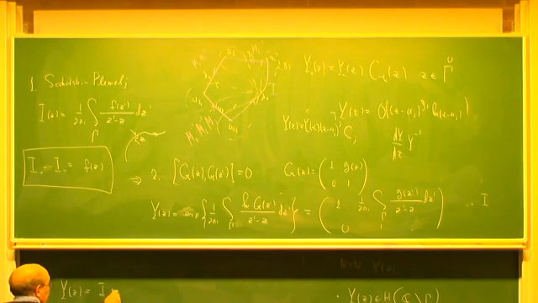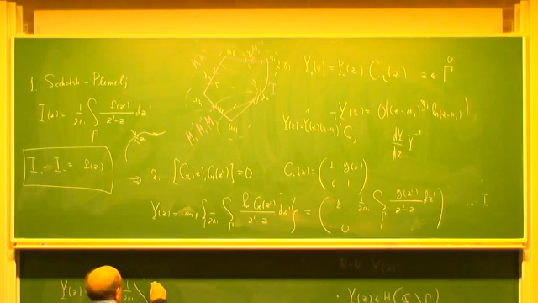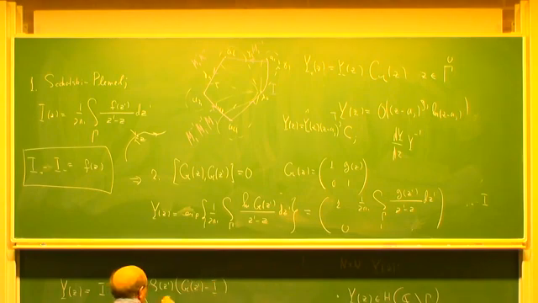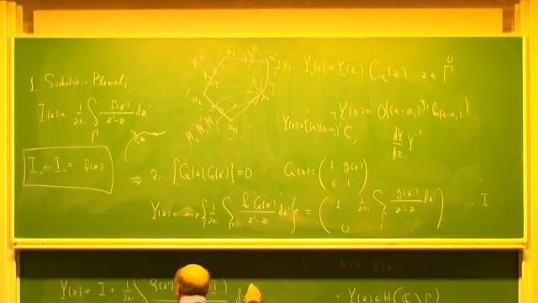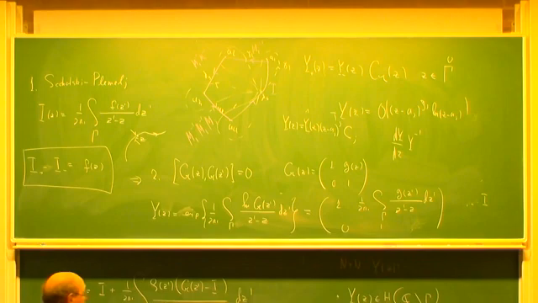So the solution can actually be written in the form of this integral, where this rho is outside of the contour. There is a class of matrices which don't satisfy condition 2 and still admit an integral representation.